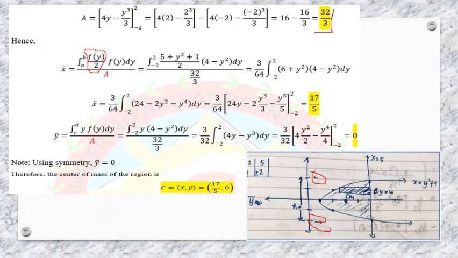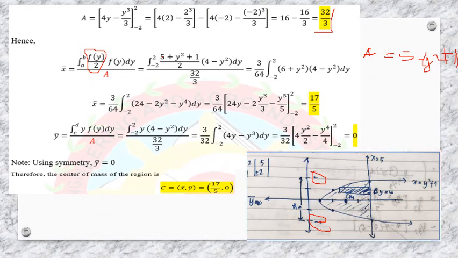For the center of mass, there is a one-half factor, and the widths are added. The setup is the bracket with 5 minus y squared, a parenthesis, plus 1, which before gave 4 minus y squared. Since this is the center of mass, we use plus: 5, the line x is equal to 5, plus the parabola y squared plus 1.